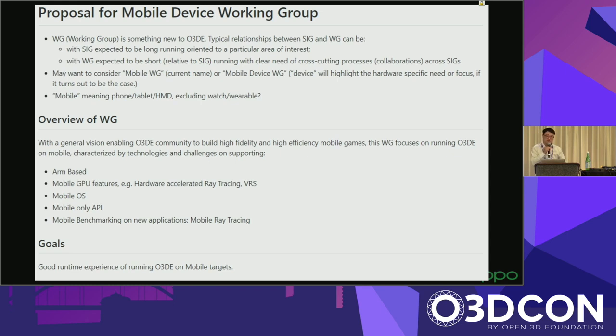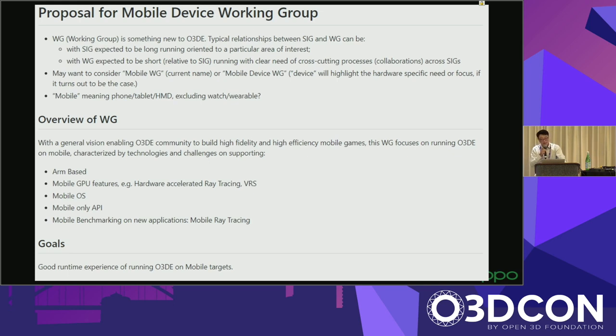Because if you consider HTC Vive, that's basically tethered to the PC environment. And if you're talking about Oculus Quest, that's a pure all-in-one mobile platform. That's why we define mobile in this way. First, it should be ARM-based.